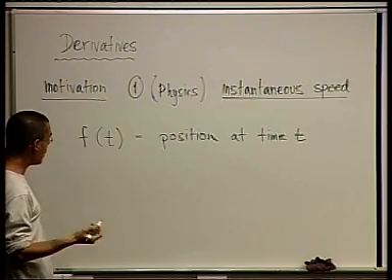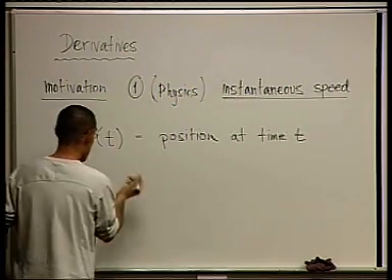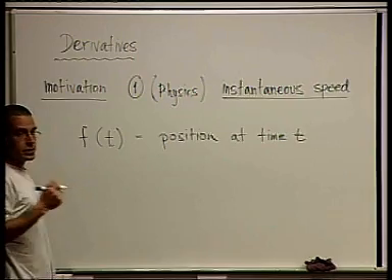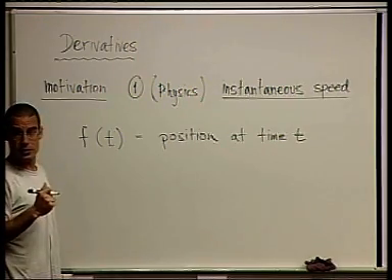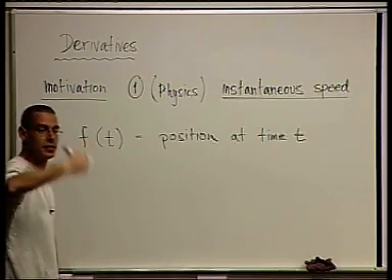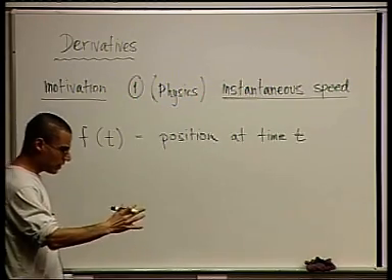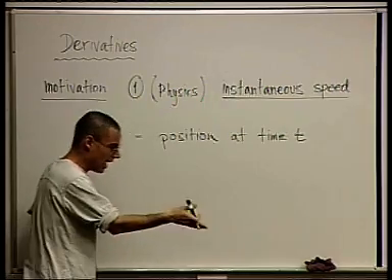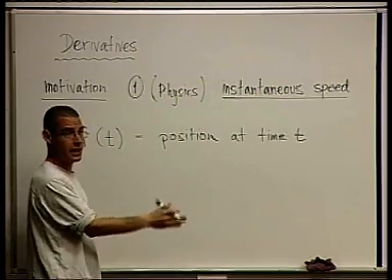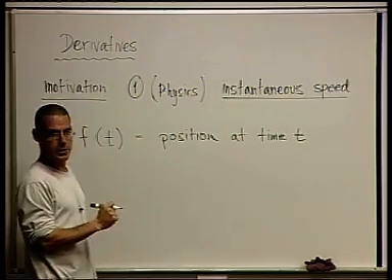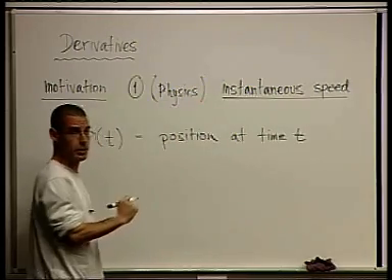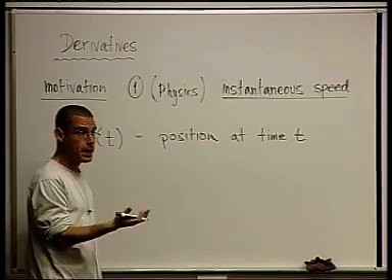And what I want to know is, what is its speed? How fast is it moving at a given instant? Okay? You're driving the car, you're looking at the dashboard, and you can see that you're driving at 90 miles per hour. Too fast. 90 kilometers per hour. Okay? How do you know that?